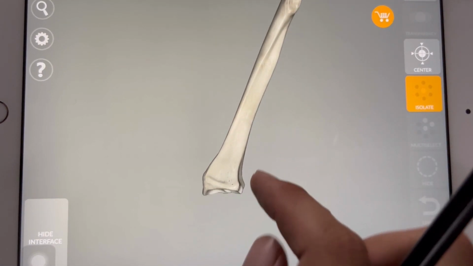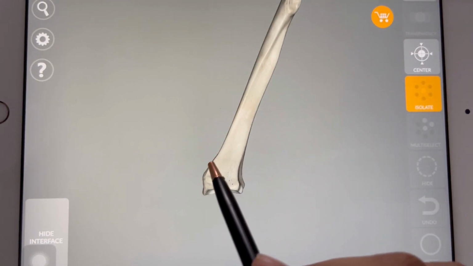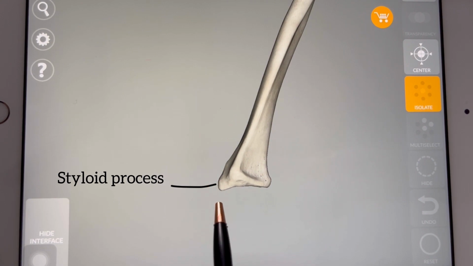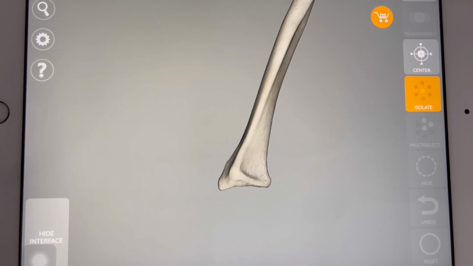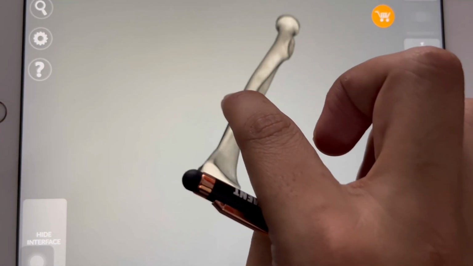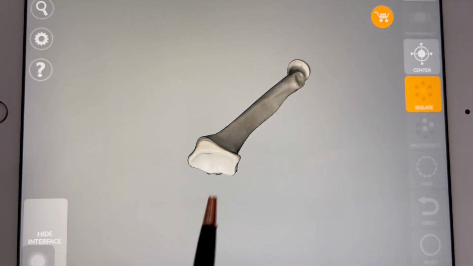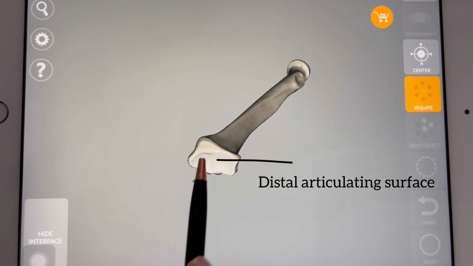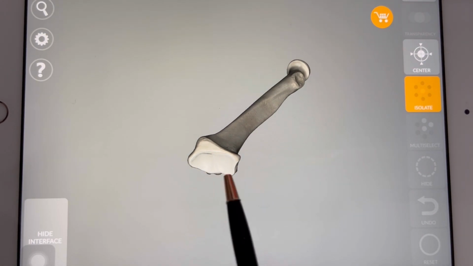Then at the lateral side of the radius bone, we have a process which is called styloid process. The distal articulating surface, this area, takes part in the articulation formation of the joint.